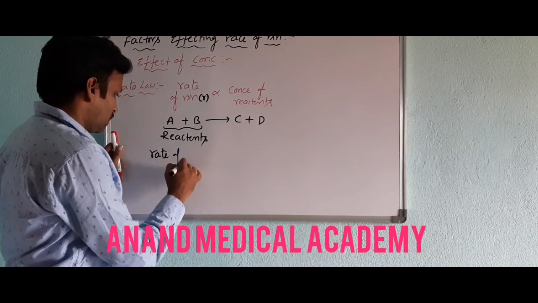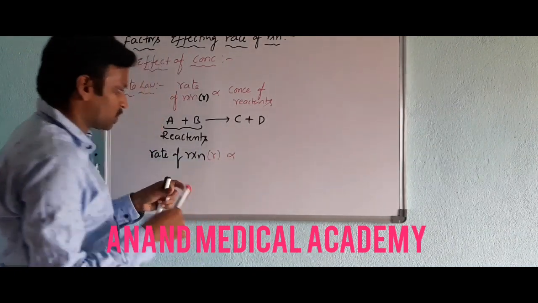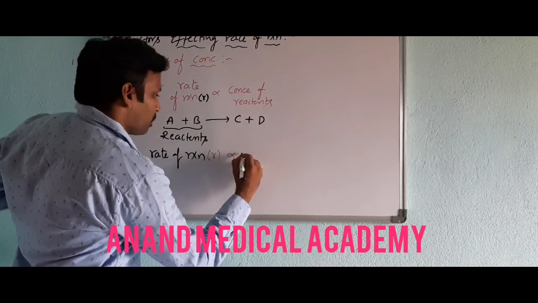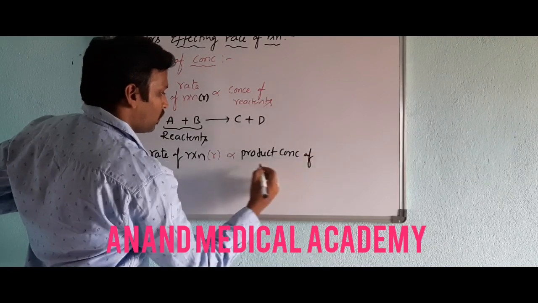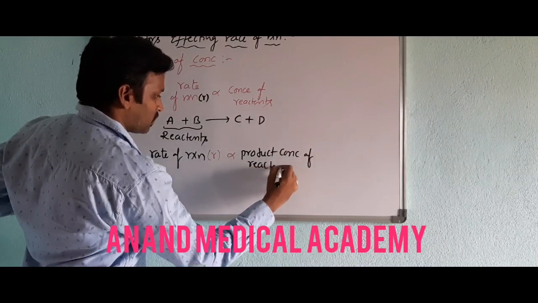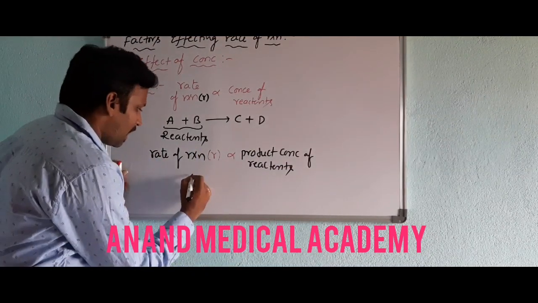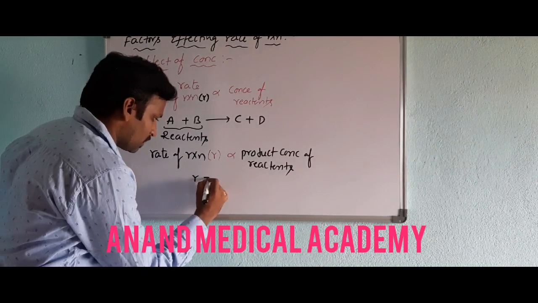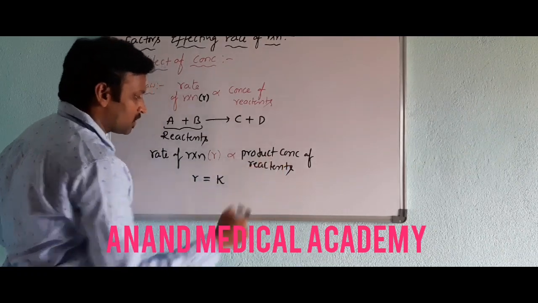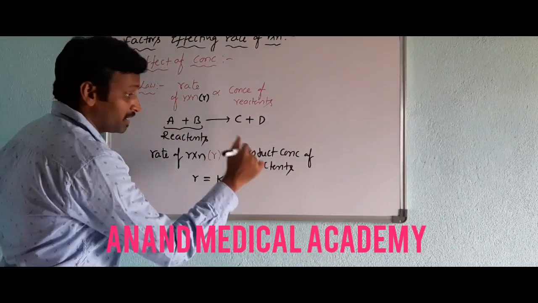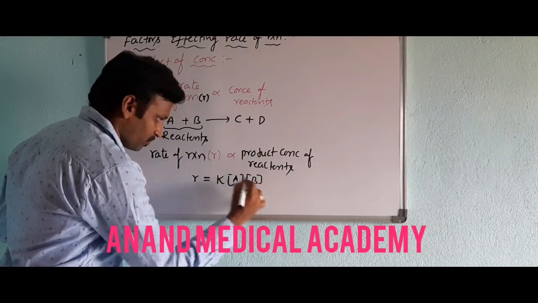The rate of reaction R is proportional to the product of concentrations of reactants. Simply, R is equal to some constant K into the product of concentrations of reactants, meaning the concentration of A and the concentration of B.